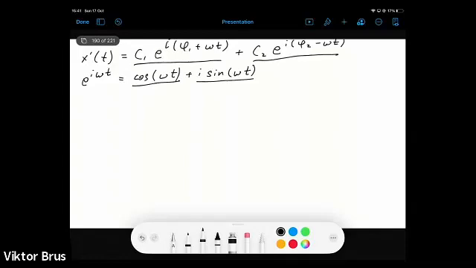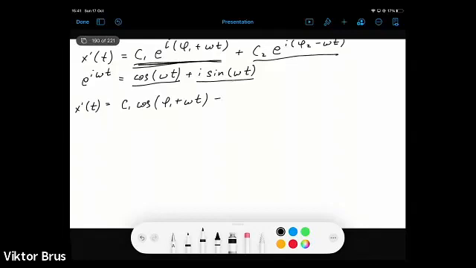So we can write that x prime as a function of t is equal. So first we have C1 times cosine (φ1 plus ωt). This is the real part of this first term.